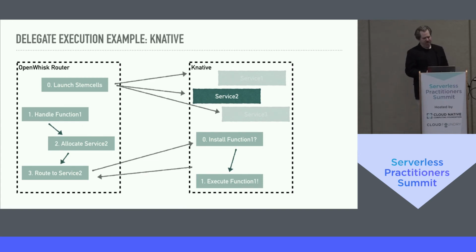Then step 1 is we get a request to handle function 1, and the first step for that particular function is to allocate a particular service. In this case, we're allocating service 2, and we start routing that traffic to service 2. And within Knative, the life cycle of the function goes into play, where that service instance, each pod, will get the function installed on its first use.